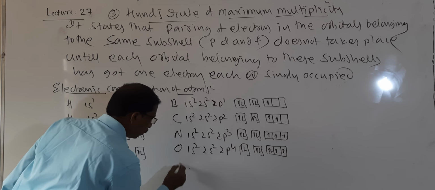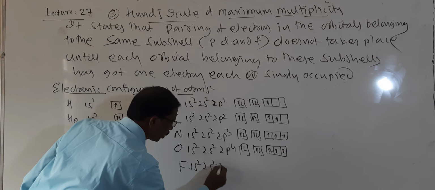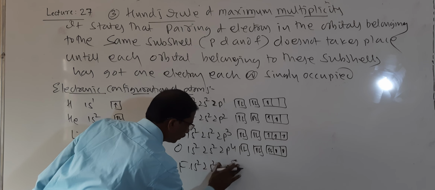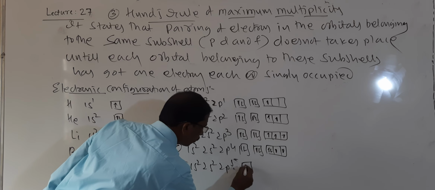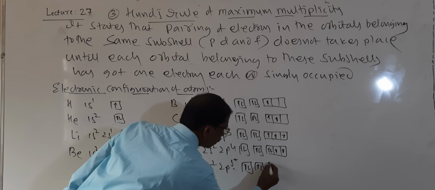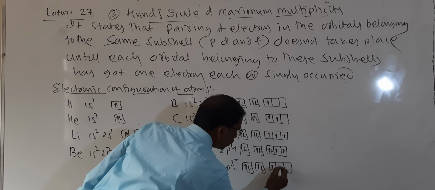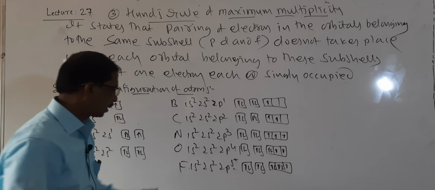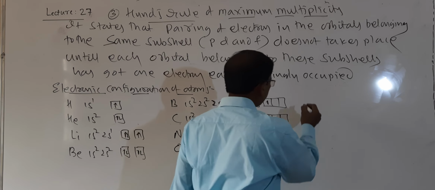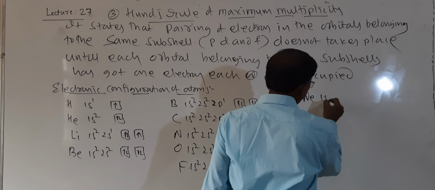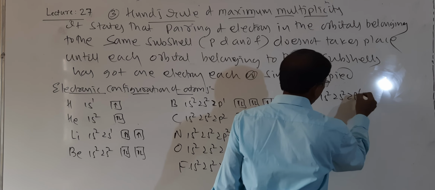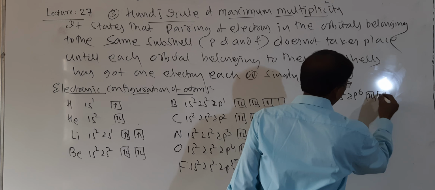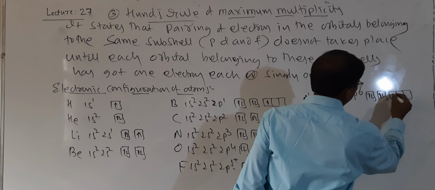And then fluorine, 1s2, 2s2, 2p5, like this. And then the last one, neon, 1s2, 2s2, 2p6.